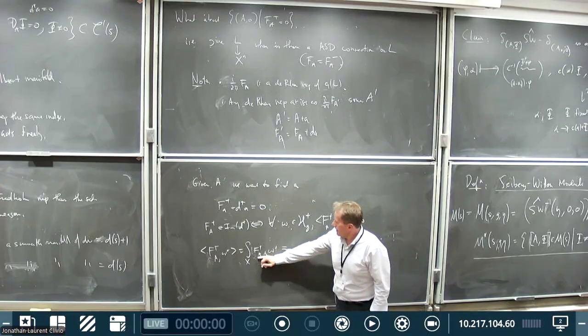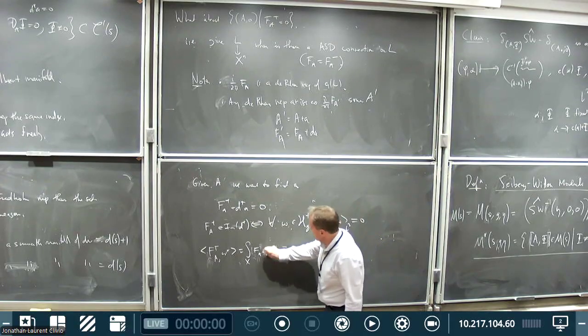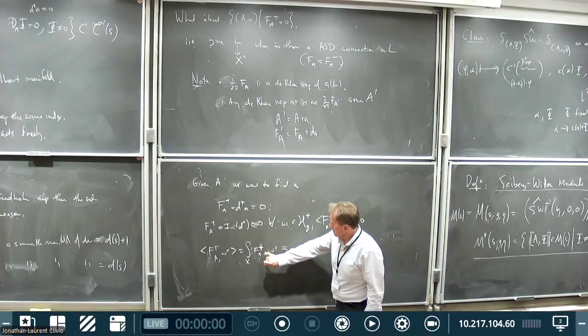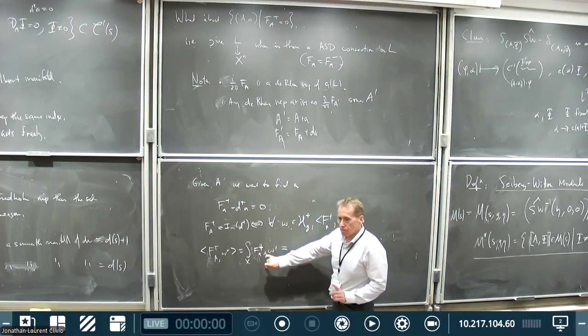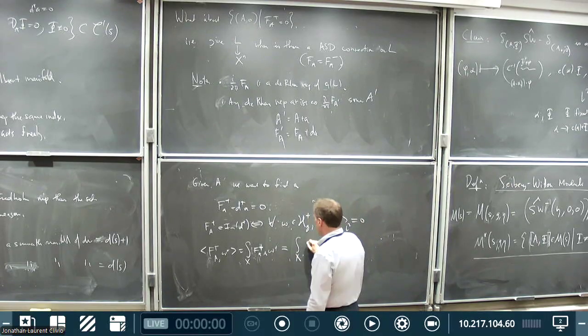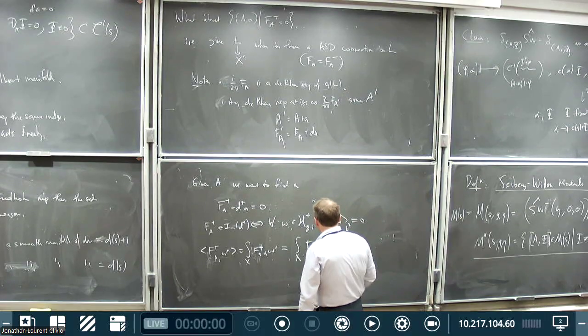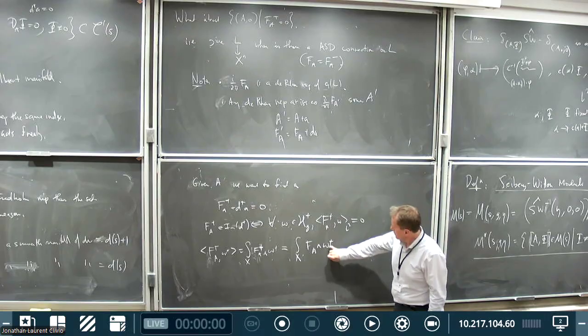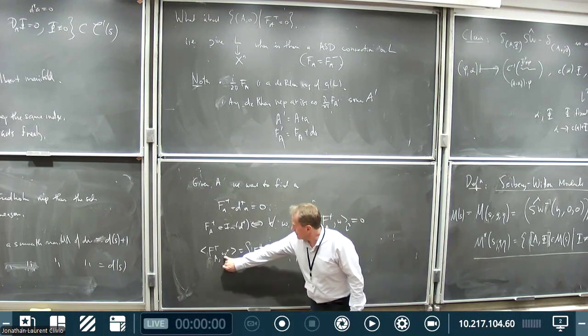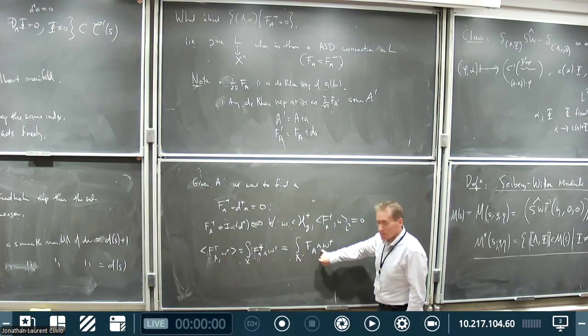There's an interesting move I can do to this guy. Remember, self-dual and anti-self-dual forms are pointwise orthogonal. So this is also equal to F_A wedge omega plus. But now what looked like a metric geometry problem became a topological problem.